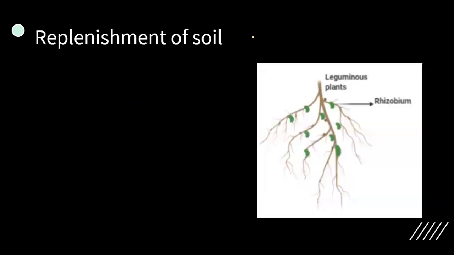So a time comes when the plant is going to utilize all the minerals or the nutrients from the soil. So when all the nutrients or the minerals are absorbed by the plants, ultimately a time will come when there will be no nutrients or minerals available for the proper growth of the plant. So for that case, we replenish the soil. And how can this be done?